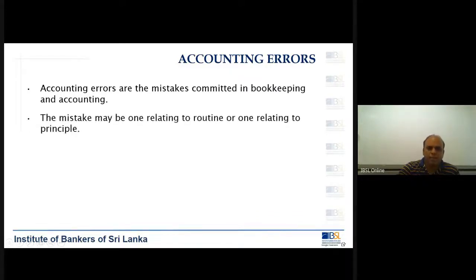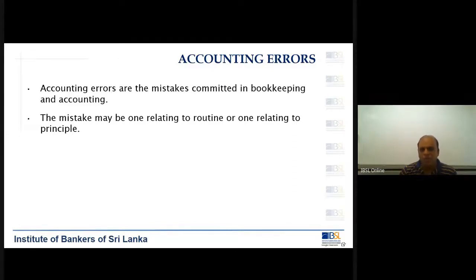The mistake may be one relating to routine or one relating to principle. So now you need to know what a principle is, because we have already learned concepts, assumptions, rules, principles. This mistake that you are committing could be something which is routine, so every day you are doing it, as a result, it's a mistake.